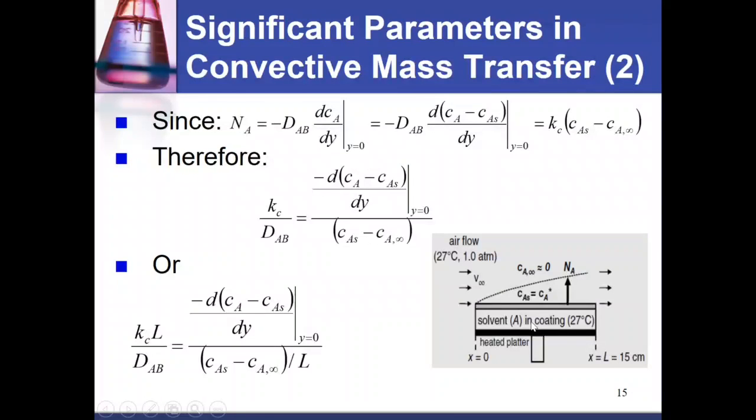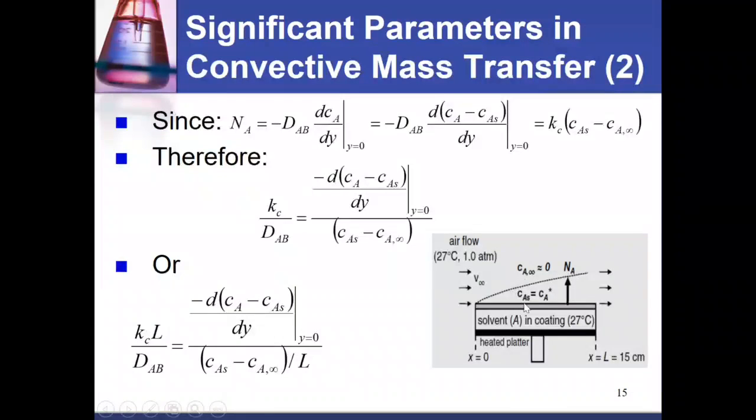it reaches 0. So when you do a balance on the coating for A, the balance will be unsteady state because you have negative accumulation. A is removed from the coating. But we will do a balance on the borderline between the coating and the bulk, or the gas phase. Remember that we said that the vapor pressure of the solvent A at the surface is constant.